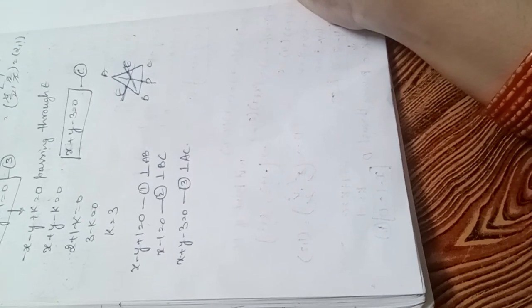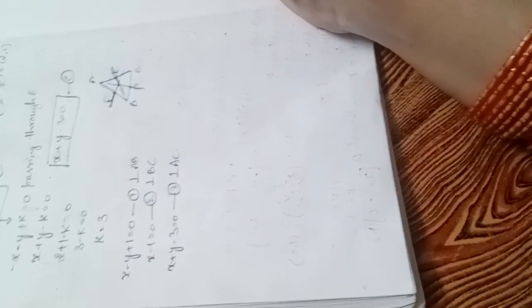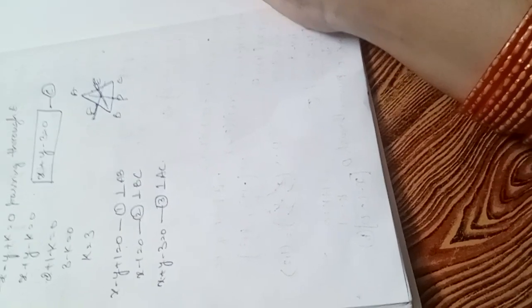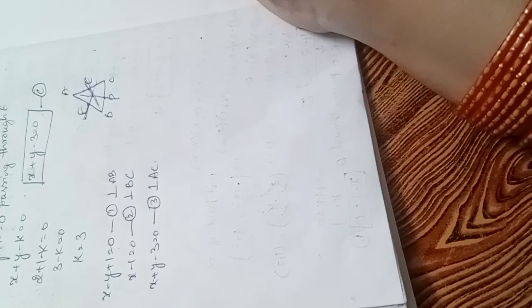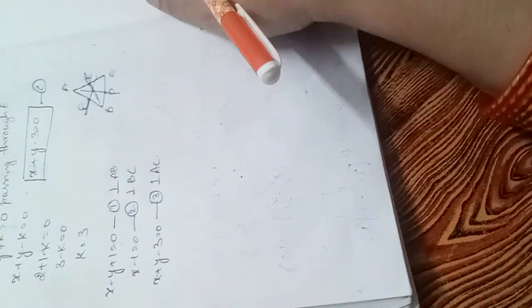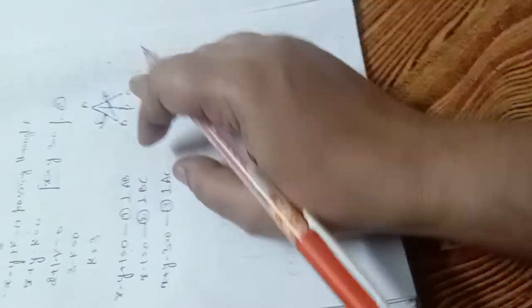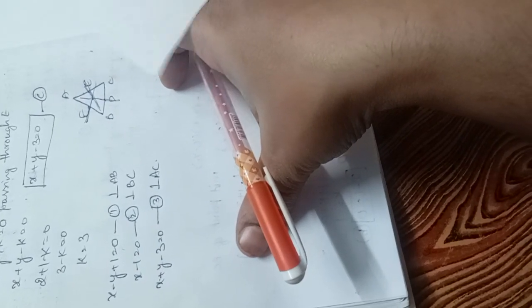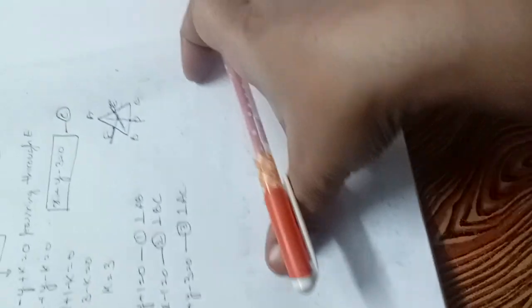The point where the perpendicular bisectors intersect is called the circumcenter. So now, these are the perpendiculars to each side. Now, any two lines you can take and find the point of intersection. So what is the point of intersection formula?